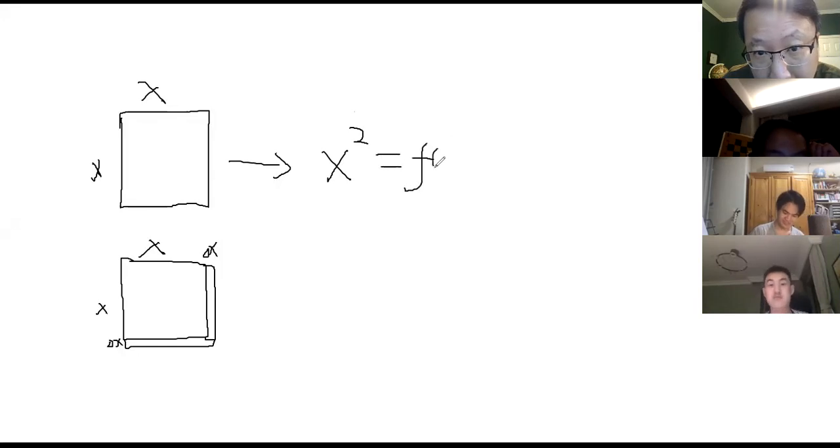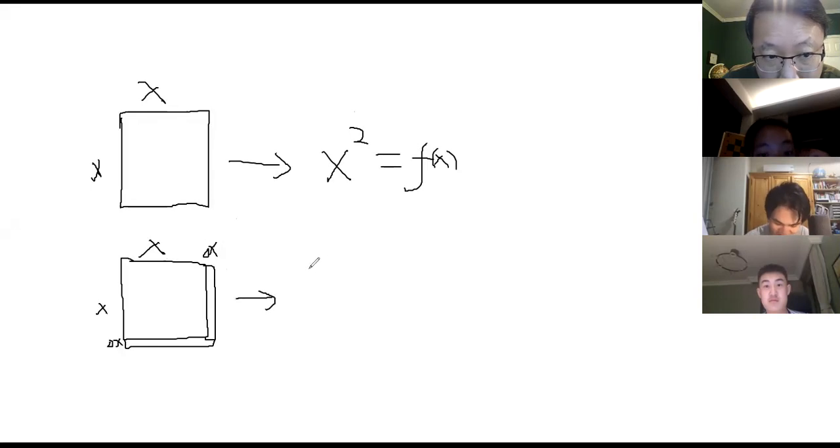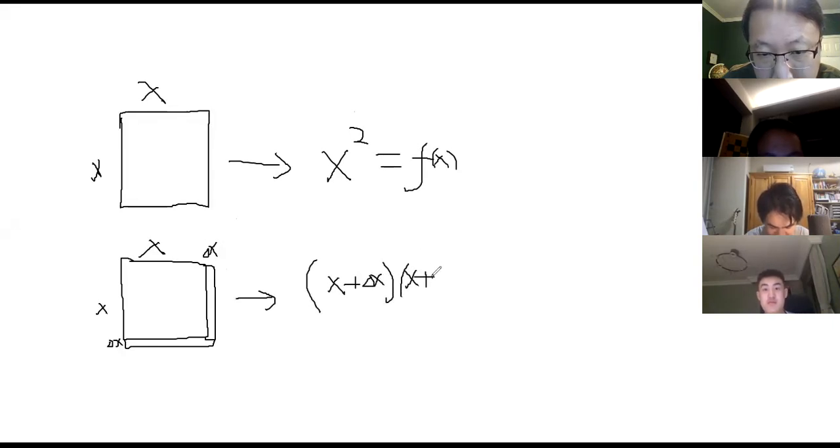Okay, so now when x changes by delta x, which means the side increases by delta x, what is the new area? The area becomes x plus delta x times x plus delta x, correct? So that's the change.